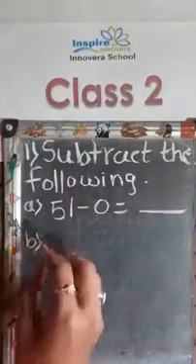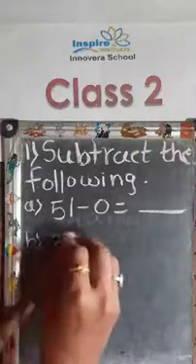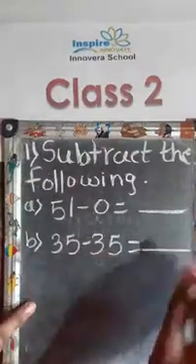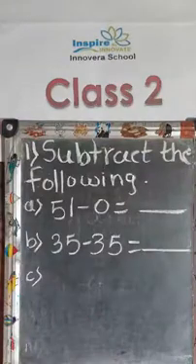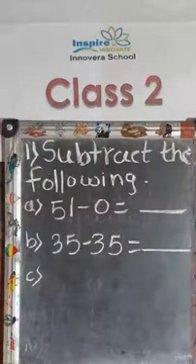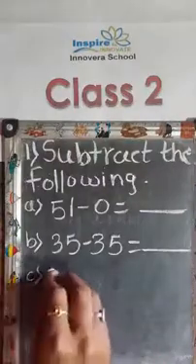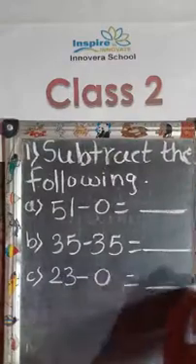Then B is 35 minus 35 is equal to dash. You can do this vertically, otherwise horizontally also you can do these sums, okay? Next is C, 23 minus 0 is equal to dash.